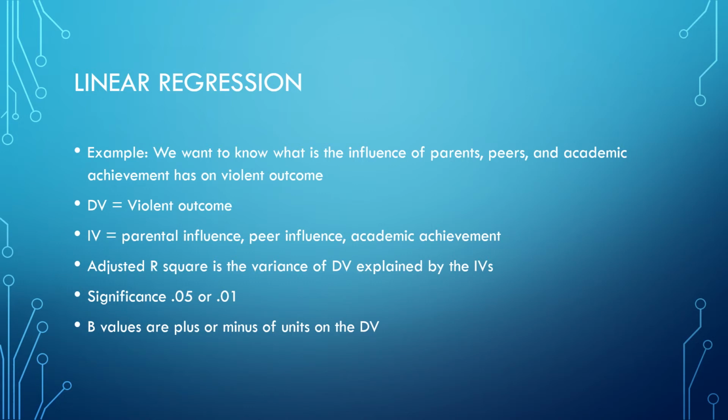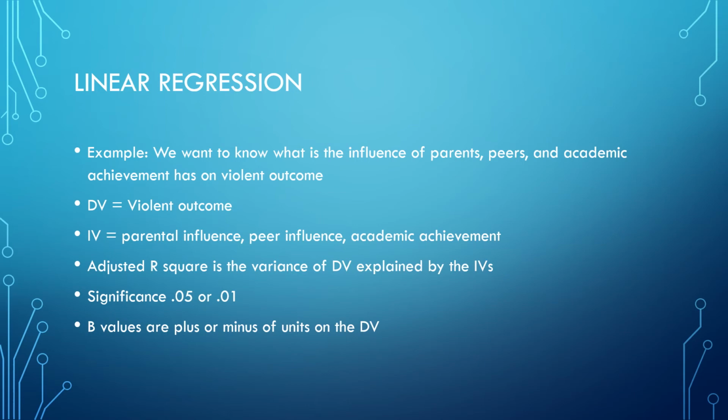And also, you want to look at your beta values. Where they're going to show is next to the constants. So your constants here are 1 unit of parental influence, 1 unit of peer influence, and 1 unit of academic achievement. Let's say for each and every one of these independent variables, let's throw a number of 0.23 for each one, just for hypothetical purposes.